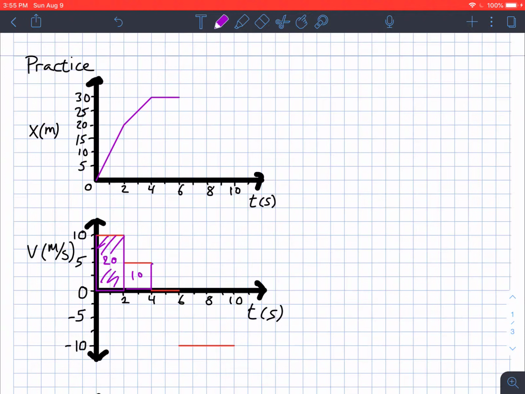And then finally, I can look at this section, and my width there is 4 seconds, and my height is negative 10. 4 times negative 10 is negative 40. And so I've got to go 40 meters down from where I was.